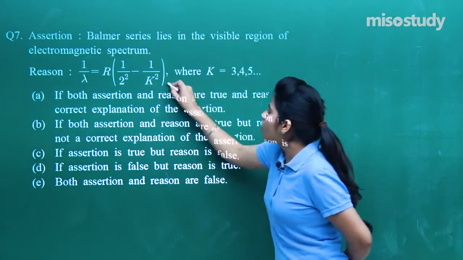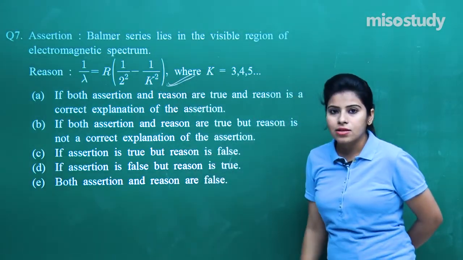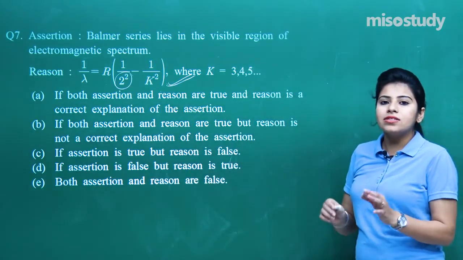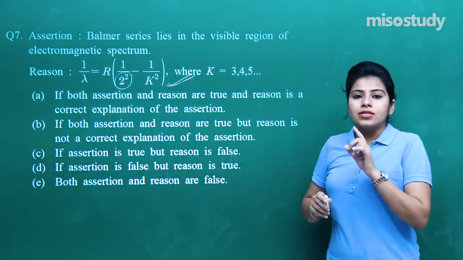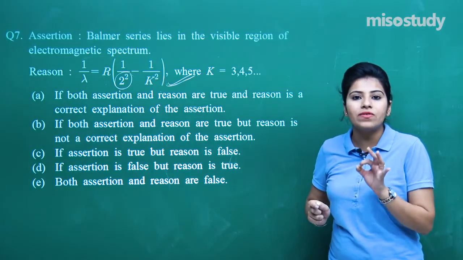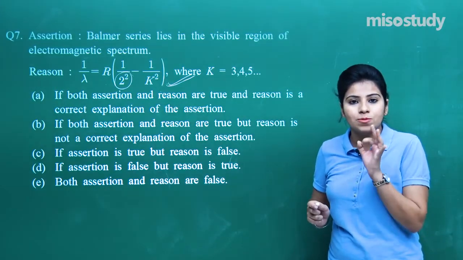You know the formula for the Balmer series is this. That means your final energy level is 2. And it is very true that the Balmer series is the only series which lies in the visible region of the electromagnetic spectrum.